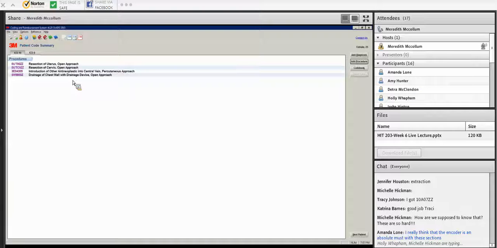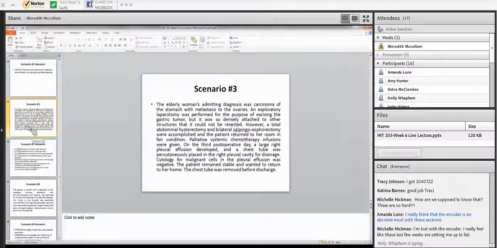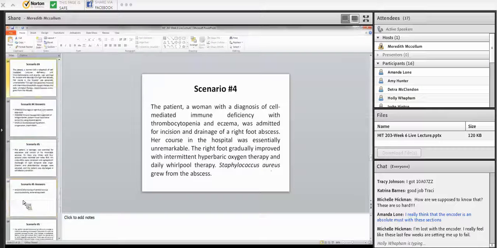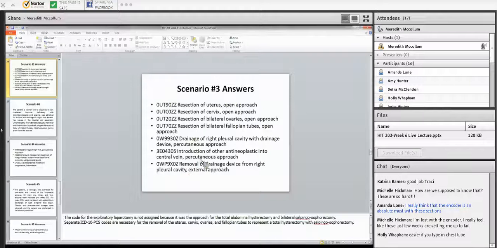Yes, Amanda, I agree. I wanted to see what 0W9. Oh, that was in that one. She did drainage of the right pleural cavity with drainage device, percutaneous approach.